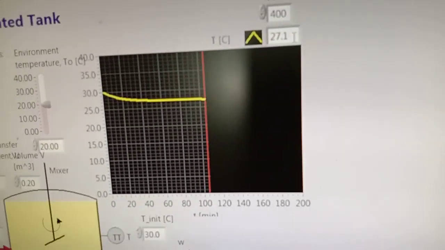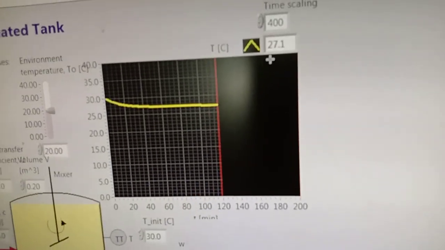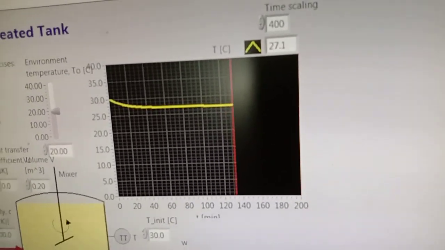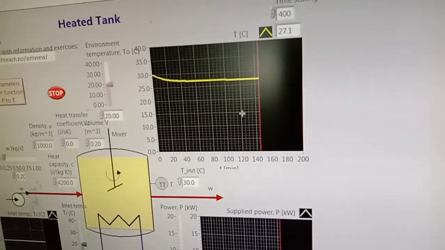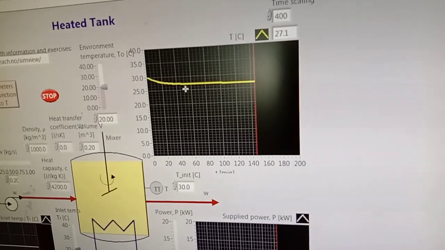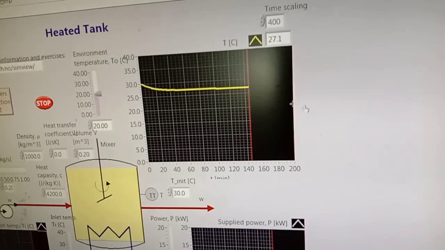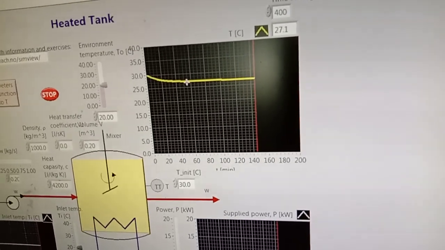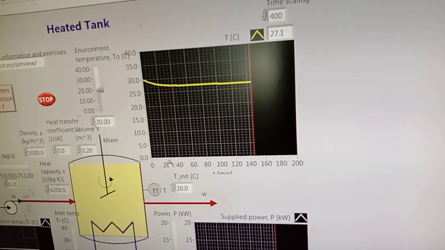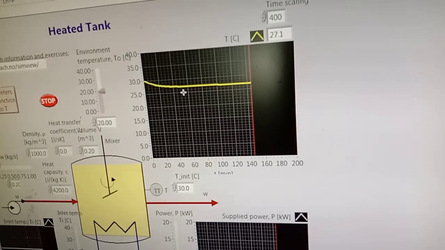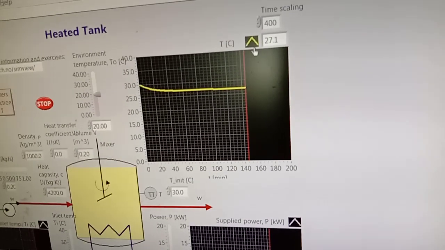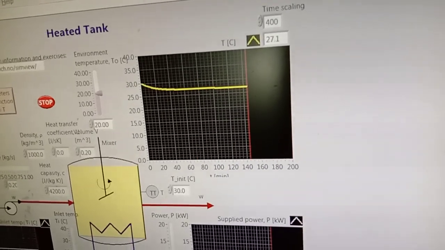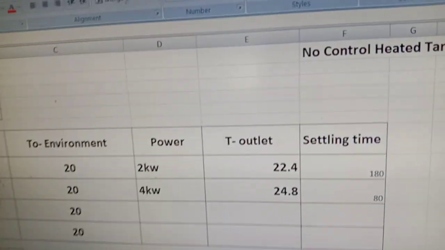The temperature is rising, and at the same time, the time it is taking to reach the temperature is also reducing. Here it takes around 60 minutes to reach this temperature, 27.1 degrees Celsius. I will record this one also.